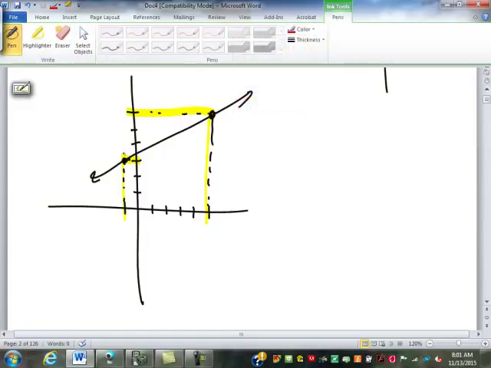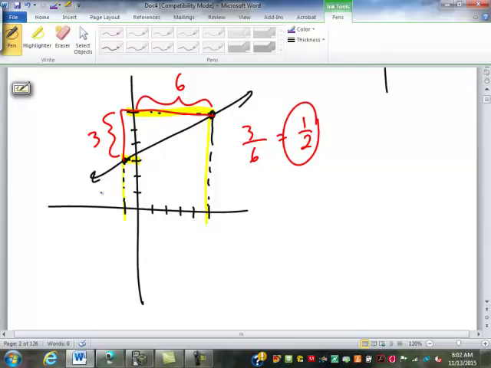Well, hold on. It goes up 3, run 6. So 3 over 6 or 1/2.